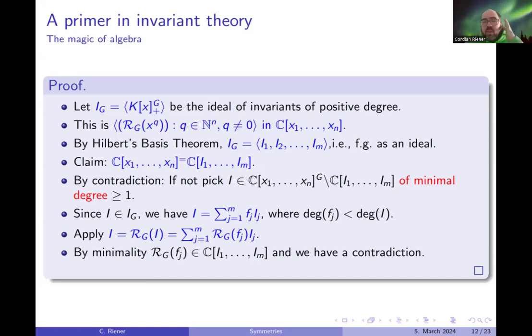And because the degree of these fj is smaller than the degree of I, we have, by the minimality of the degree of I, that the invariant polynomial we get if we apply the Reynolds operator to fj is already expressible in the ring generated by I1 to IM, and in that we already have our contradiction, because that would then also imply that I already is in that ring.